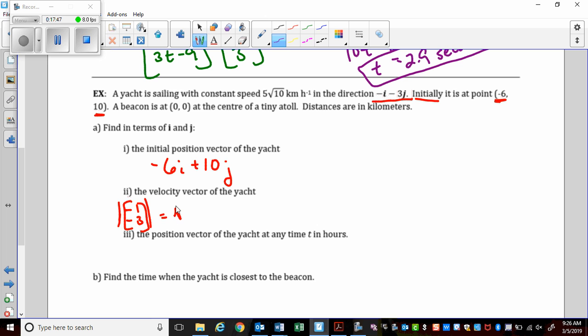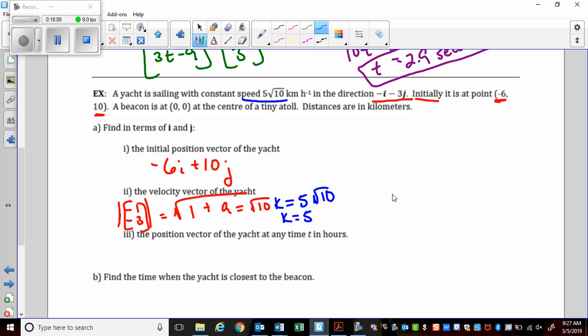And this is the square root of -1 squared plus -3 squared. But we need this, times k, to equal 5 square root of 10. This is my speed, 5 square root of 10. So when I divide by the square root of 10, I get k equals 5.